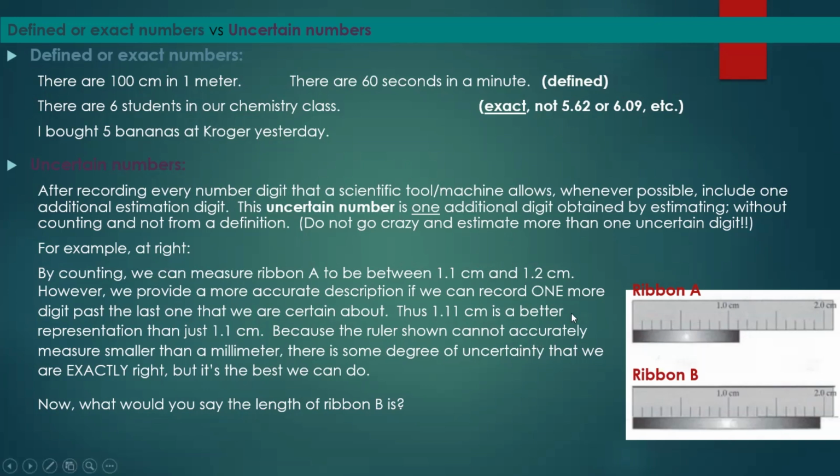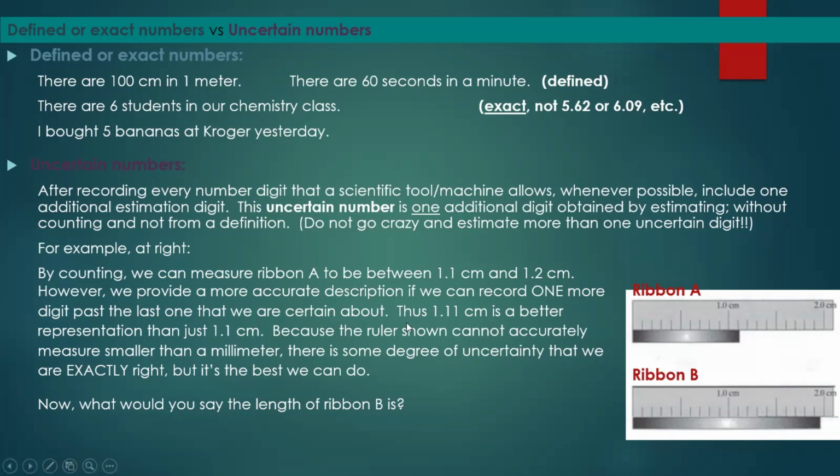So this ribbon A, if you wrote down 1.1 centimeters, it's definitely obviously between 1.1 centimeters and 1.2 centimeters, either there, but neither one of those are as accurate as what we could be.